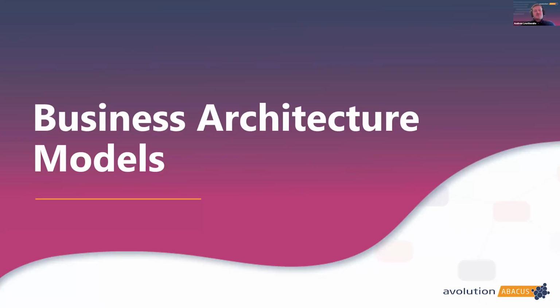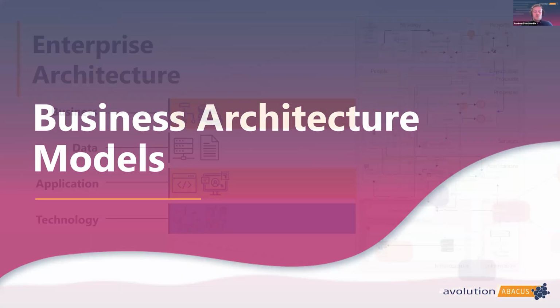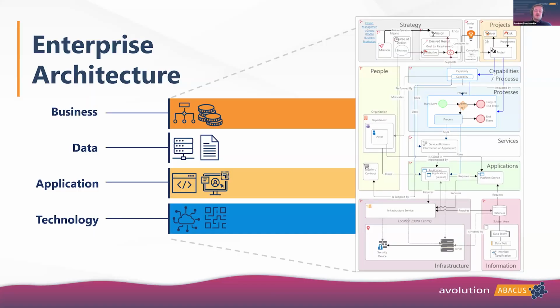Now, in the description for today's webinar, we've mentioned a broad range of topics, so I've categorized this as business architecture models for now. The content we go through will likely span multiple different domains within a particular model or framework that you're using. From a data, application and technology perspective, there are a few things you might want to capture: applications, databases, and infrastructure.